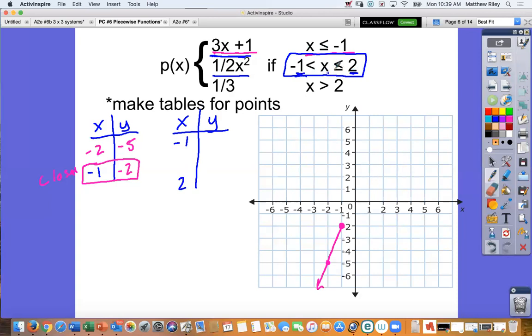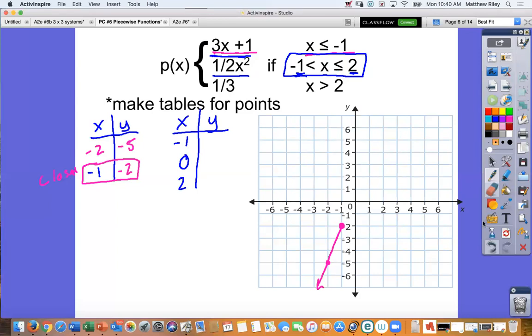Would you rather plug in 0 or 1? I heard 1, but Teddy, I'm going to argue with you here just a minute. If I plug in 0, it's going to kind of give you a vertex, and it will be easier. So if 0 is ever an option, try and choose 0.